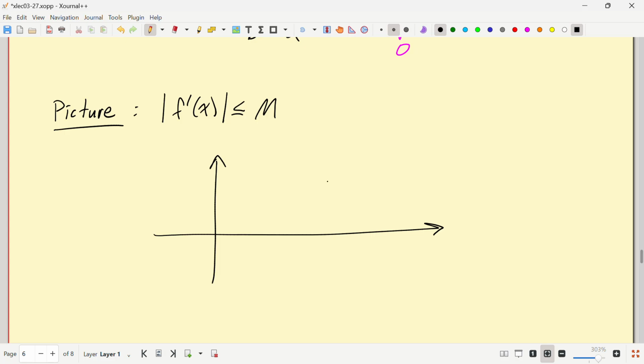Let's suppose I put a c here, and f of c is going to be right here. And the mean value theorem is going to tell me that this function is stuck between lines that look like this. This line is going to have slope plus m. This line is going to have slope minus m.